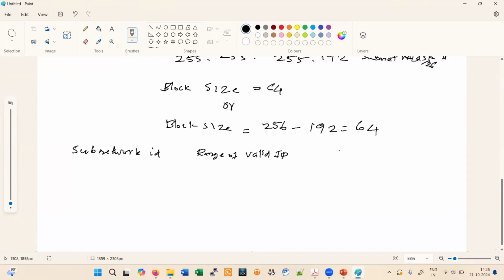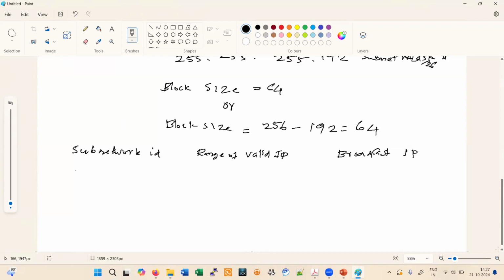The last one, broadcast IP of each network. We have 4 networks, right? We divided a single class C network into 4 subnetworks. So now we need to find the subnetwork ID of each network, the range of valid IPs in each network, and the broadcast IP of that network.